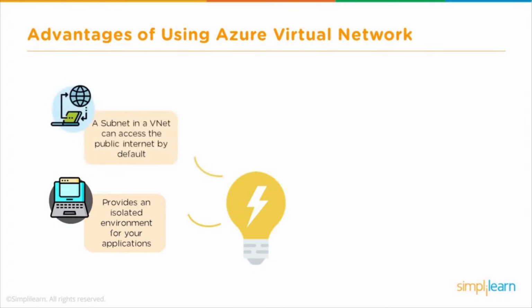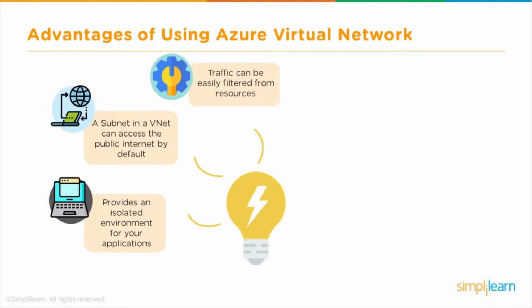Generally, a subnet in a VNet can access the public internet by default. So we create a subnet inside the virtual network which can access the public internet. There is public network connectivity enabled in the virtual network so that a subnet created in the VNet can be accessed.